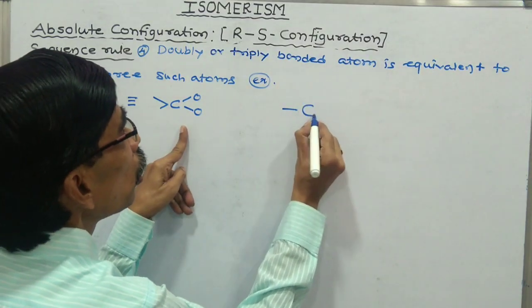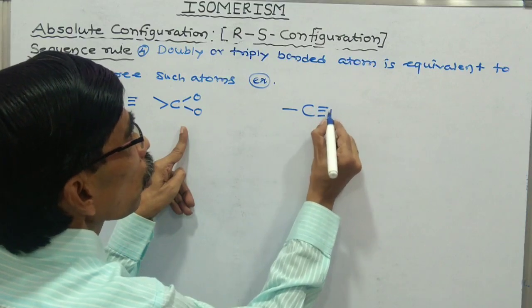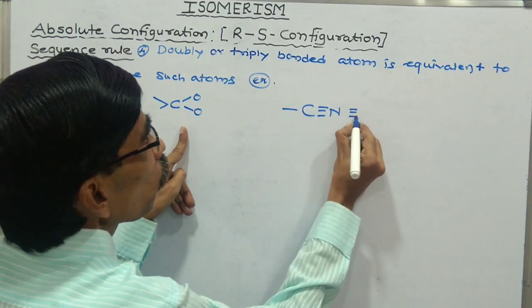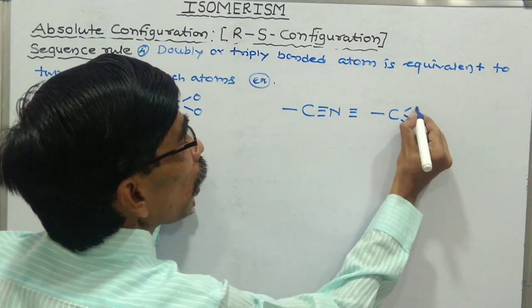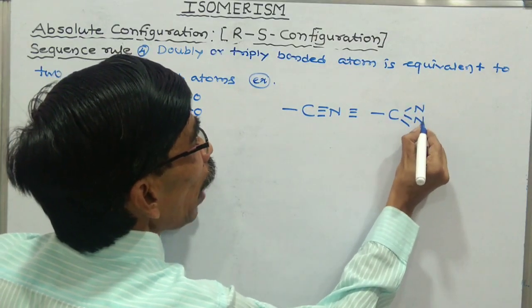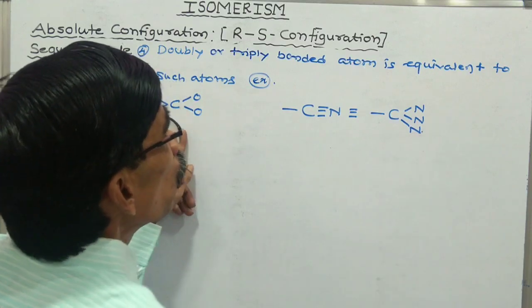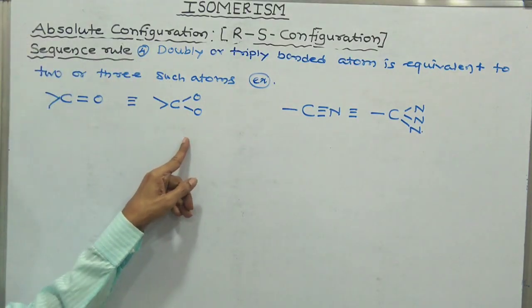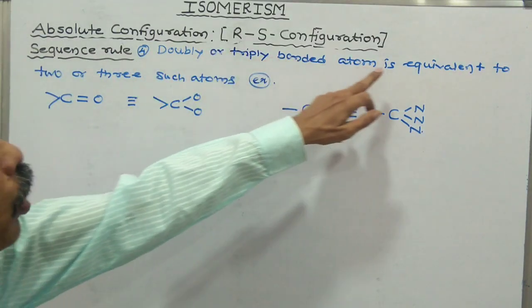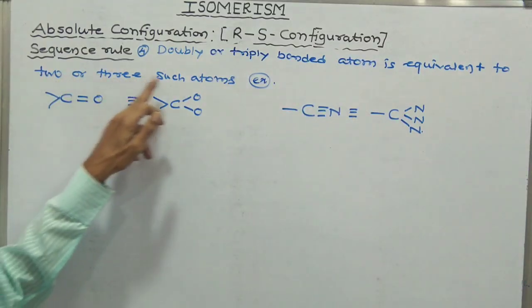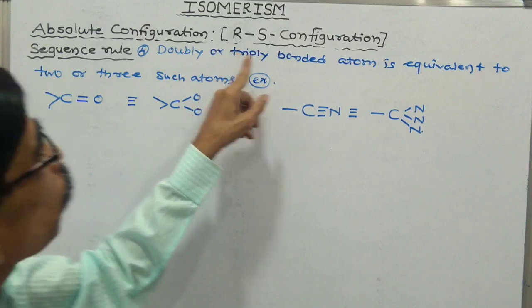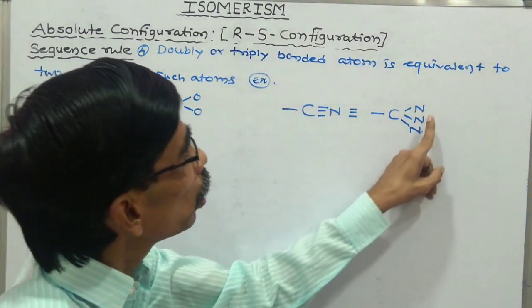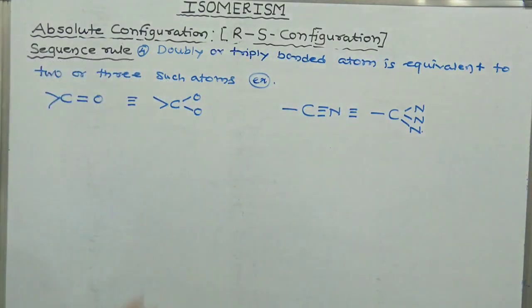Similarly, C triple bond N is equivalent to C and 3 N atoms. So the doubly or triply bonded atom is equivalent to 2 or 3 such atoms. The doubly bonded oxygen counts as 2 atoms, and the triply bonded nitrogen as 3 atoms. So these are considered 2 atoms or 3 atoms.